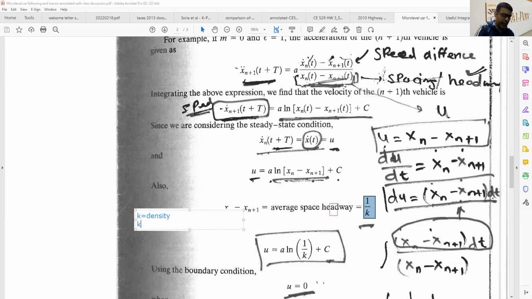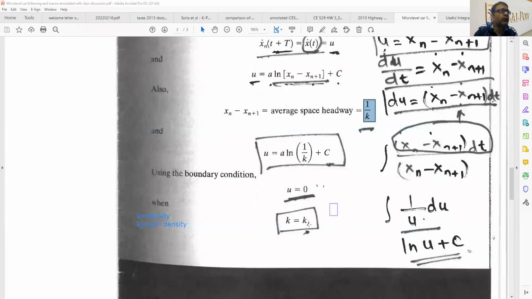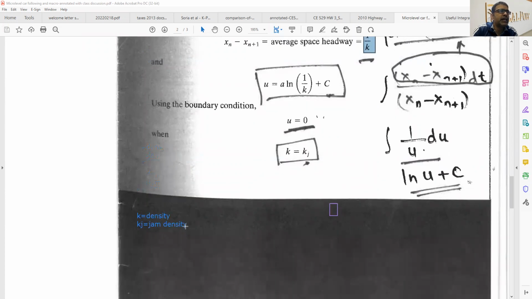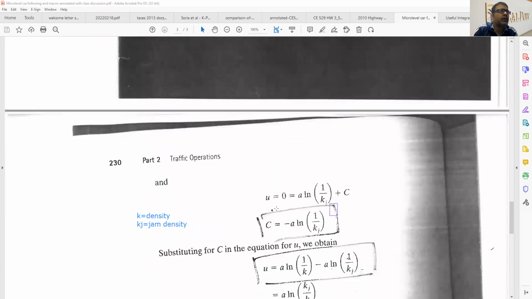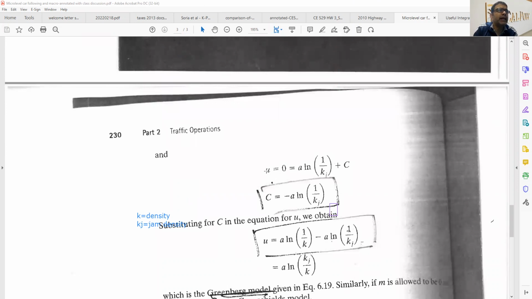So if I define Kj as my jam density, at which the speed is basically 0, I can figure out the value of C when I plug in U equal to 0 equal to A times ln 1 over Kj. If you substitute K for Kj right here, your speed should be 0. And then you can define the C value as C equal to negative A ln 1 over Kj.